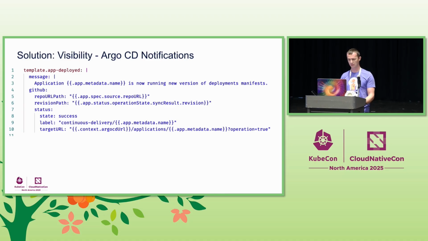And Argo CD Notifications is a fairly flexible component. This YAML snippet demonstrates how you can configure notifications for GitHub. And I know GitLab is also supported, or even a generic webhook. So if you're using something like Bitbucket, you could use a webhook to implement the same functionality.